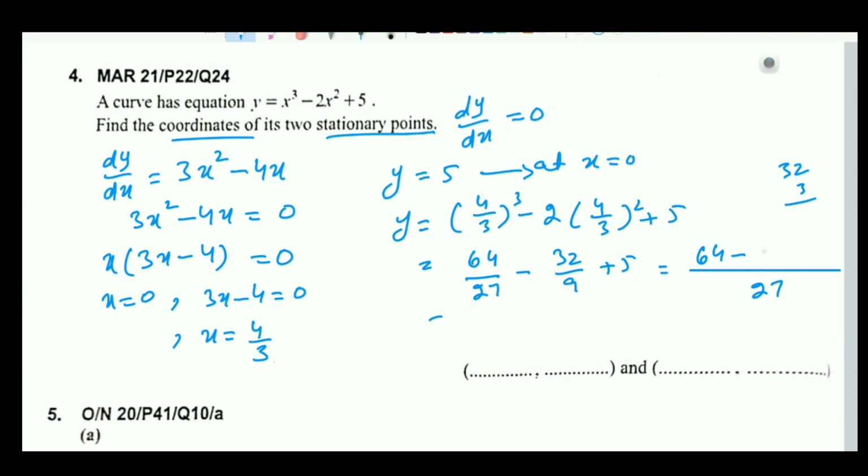96 plus 27 times 5, 135. So what will we get? 64 minus 96 plus 135, 103.